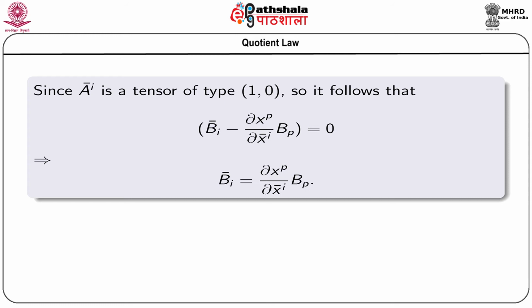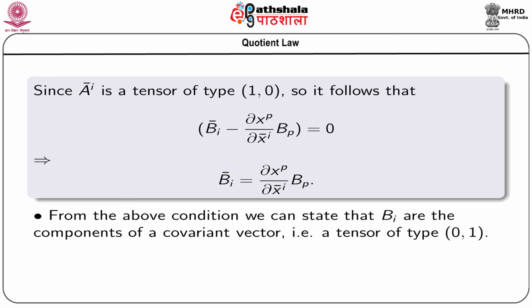So, B bar_i equals del x^p / del x bar^i B_p. From the above condition, we can state that B_i are the components of a covariant vector, that is a tensor of type 0 1.